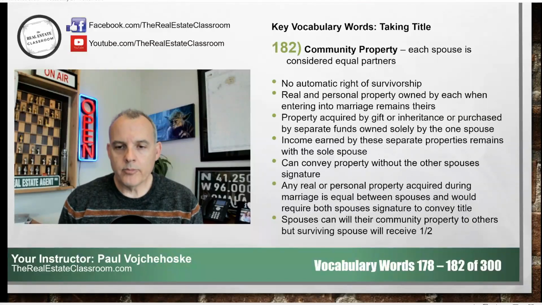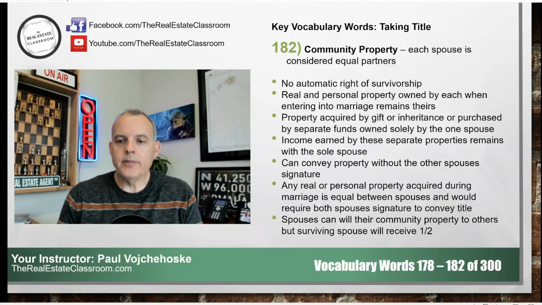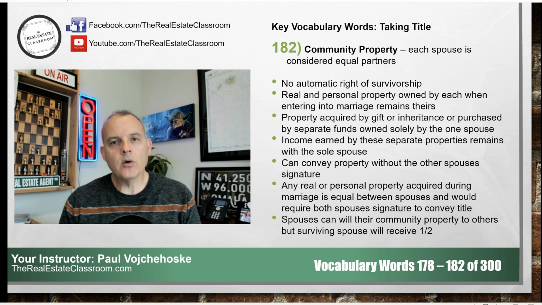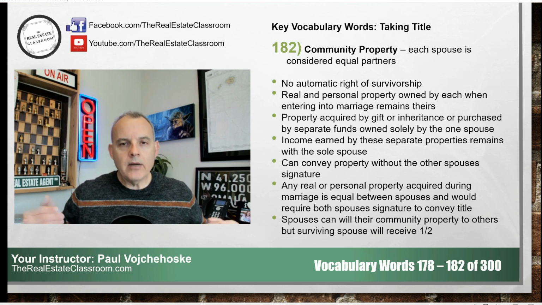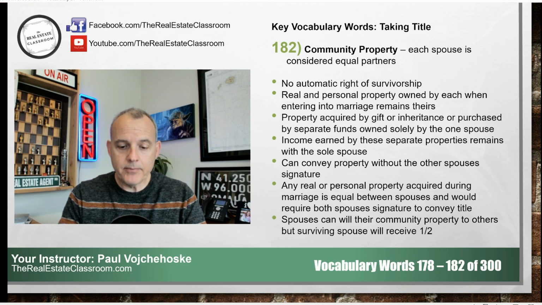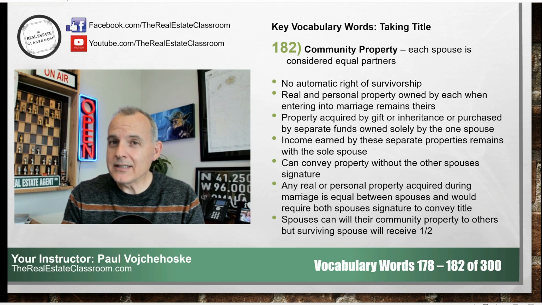All right, the next bullet point, spouses can will their community property to others, but surviving spouses will receive 1/2. So my wife and I purchase a piece of property. We are a community property state, and we purchased it together. So both of us have an equal claim to the property, but we did not hold title as joint tenancy with rights of survivorship.